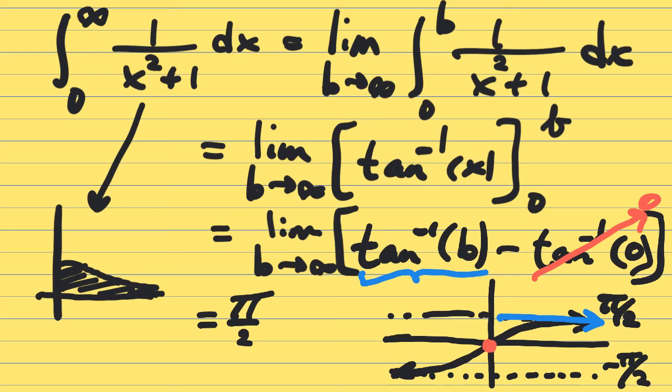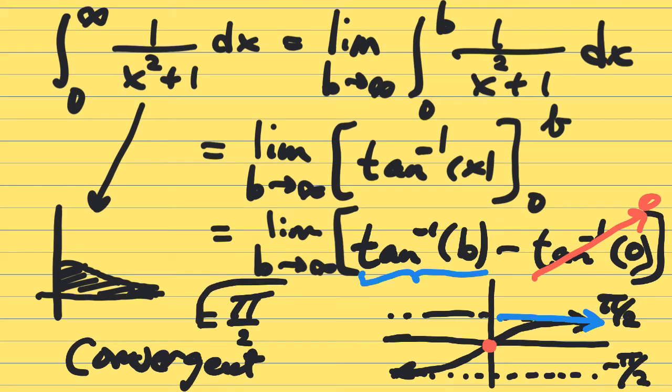And so that's a case of where you have a convergent improper integral. And that's because we had a finite limit, whereas on the first example we had an infinite limit. It did not come out to a finite value.